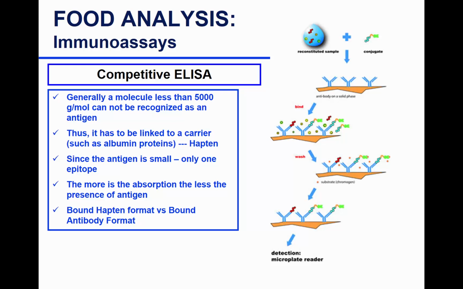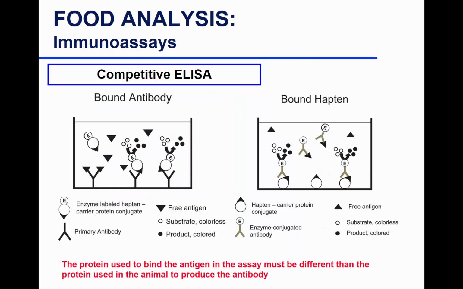So you get antibodies specific for the molecules as well as you get antibodies for the carrier. So what happens here, I will show you, not this picture, I'll show you on the next diagram what you can do. You can have a bound antibody form and a bound hapten form of ELISA.